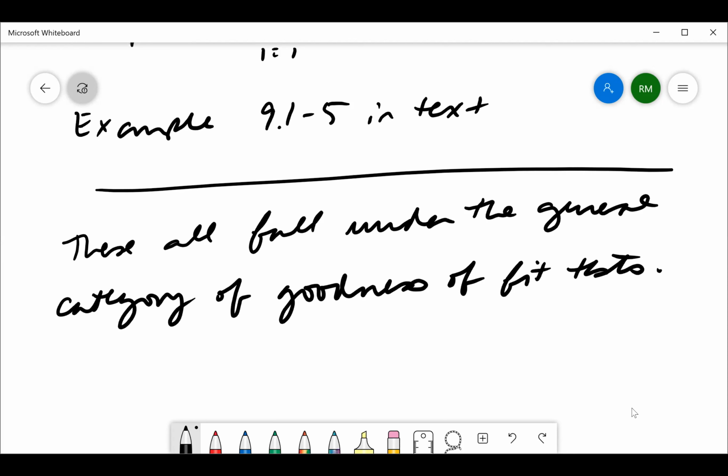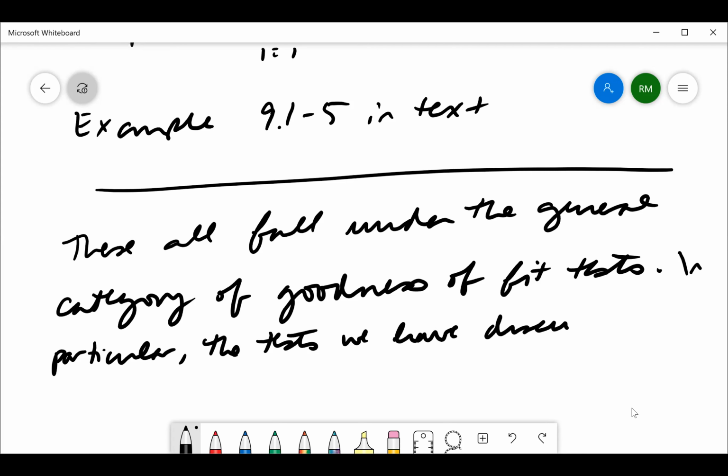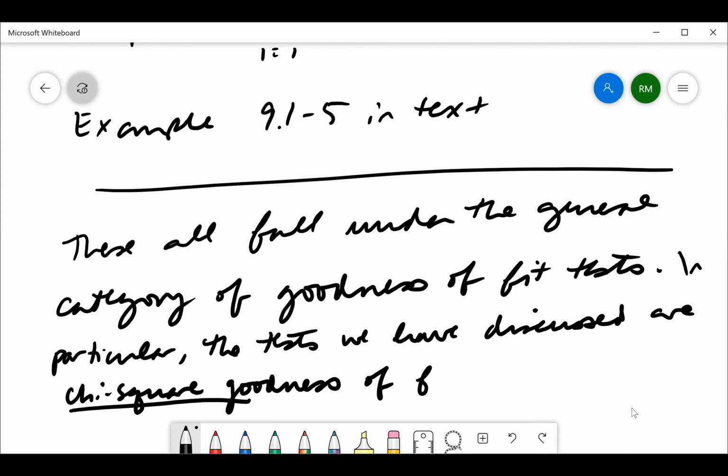That is, how good is the fit? In particular, the tests in this section are all chi-square goodness of fit tests. Because they all use the chi-square distribution.